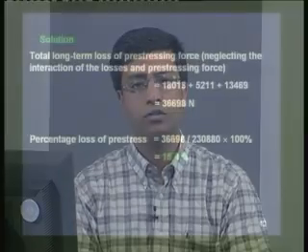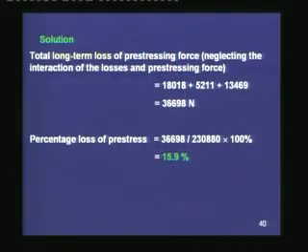If we try to find out the total long-term loss of the pre-stressing force, a simple way is to overestimate the total loss by neglecting the interaction of the losses and the pre-stressing force. We are adding the individual losses together and we get a total long-term loss of 36,698 Newtons.